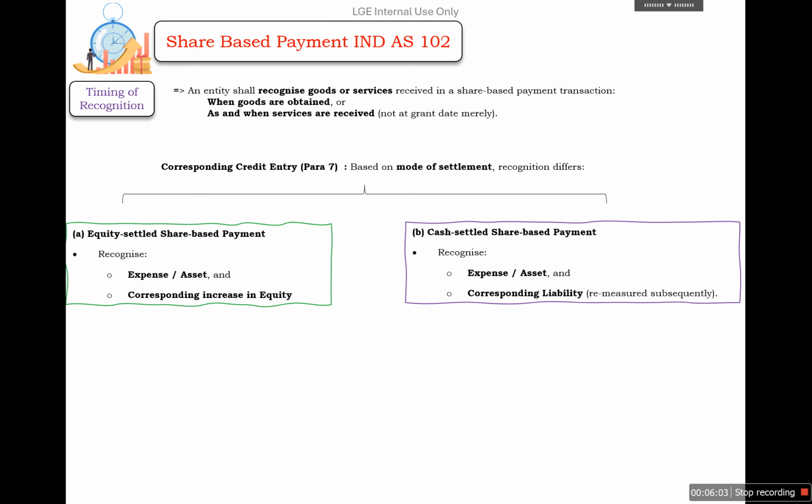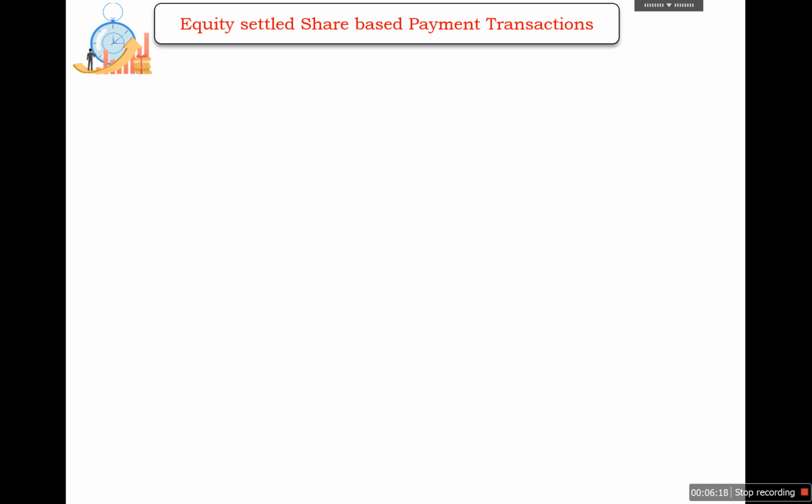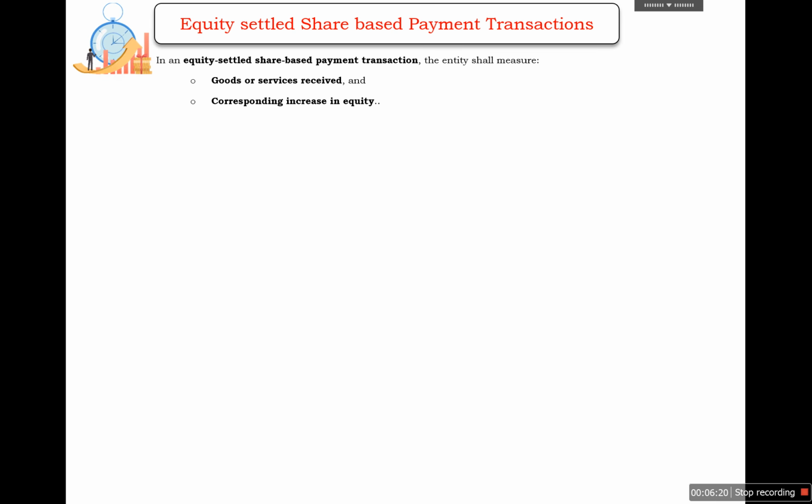In the first case we booked it in equity, but in case of a cash settled transaction we need to book it on the liability side, and remeasure it subsequently on a yearly basis. So in an equity settled share-based payment transaction, the entity shall measure goods and services received and correspondingly increase the equity.